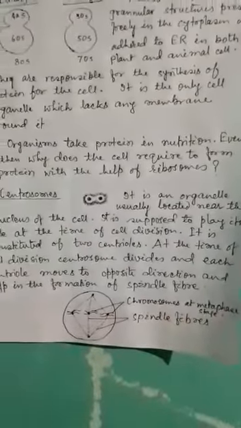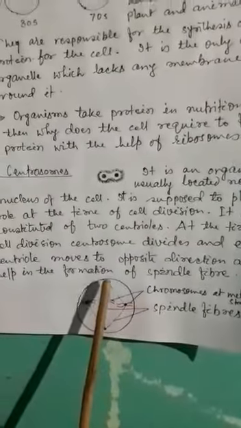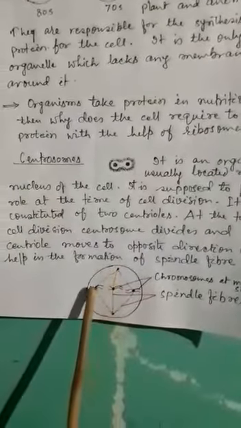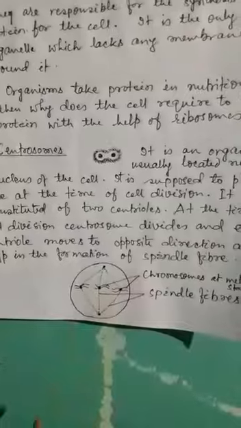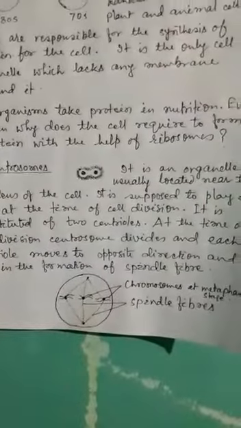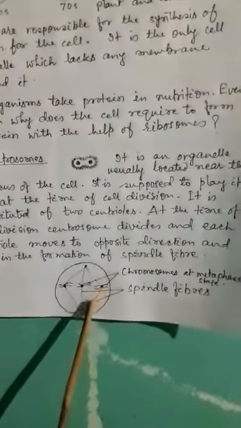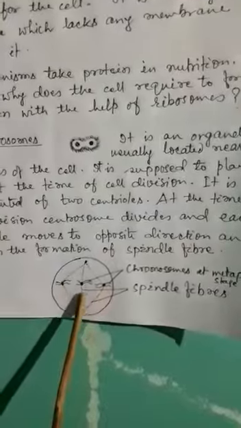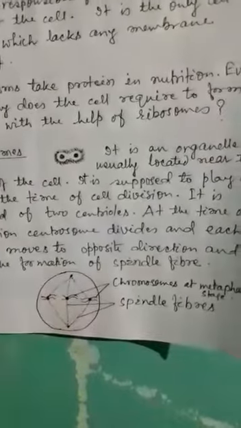At this stage, chromosomes lie arranged at the equatorial plate of the cell, and the spindle fibers get attached to the centromere of the chromosome. These spindle fibers are formed with the help of the centrioles, and they help in the process of cell division.